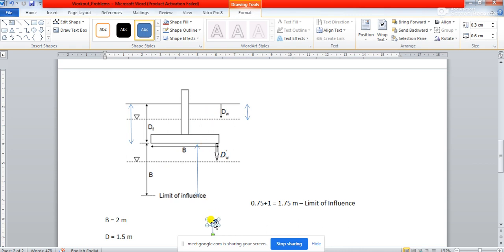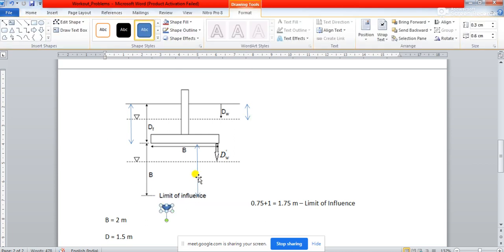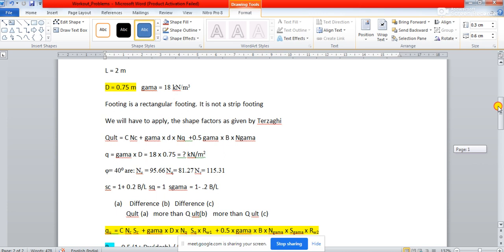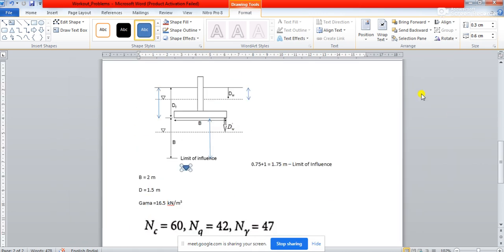Now let's say rain starts, and the water table rises up and just reaches the limit of influence. At this level, if you see the water table correction factor, we have written the formula somewhere here.